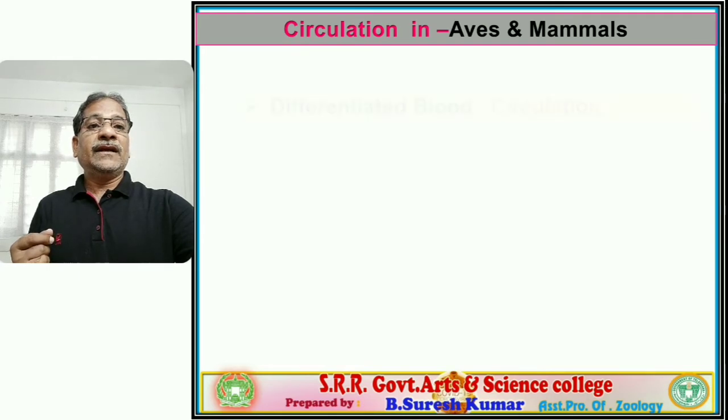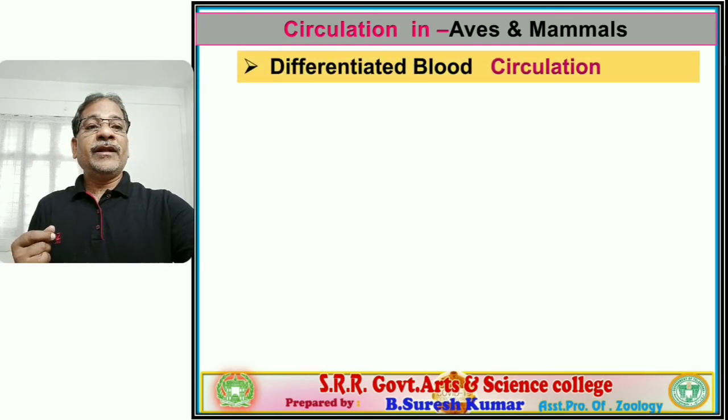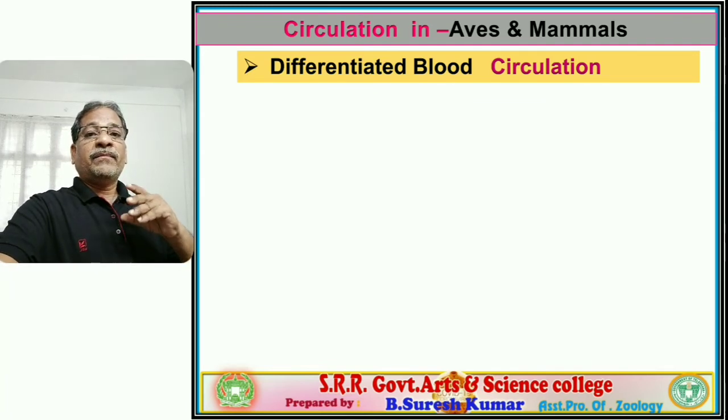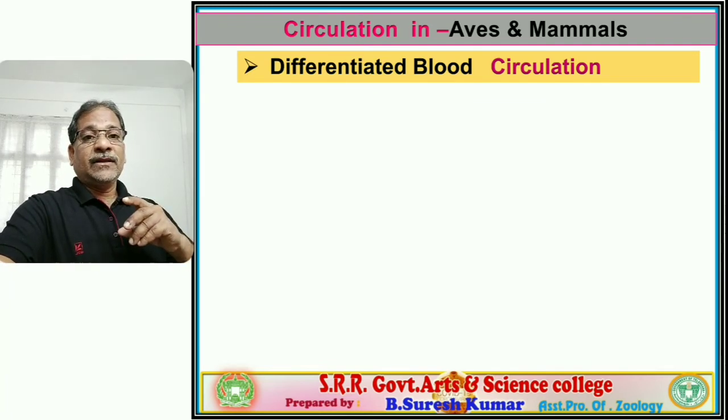So let us see the double circulation phenomena in aves and mammals. Let us see differentiation of blood circulation. So the heart pumps the oxygenated and deoxygenated blood in separate tracks. You remember, students? So the heart pumps the blood in two different tracks.